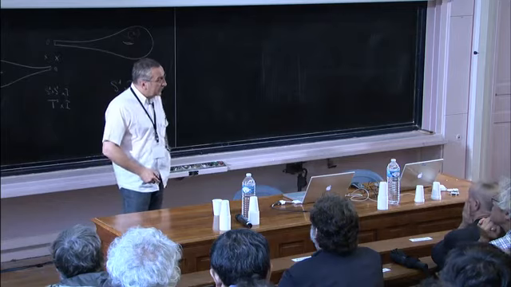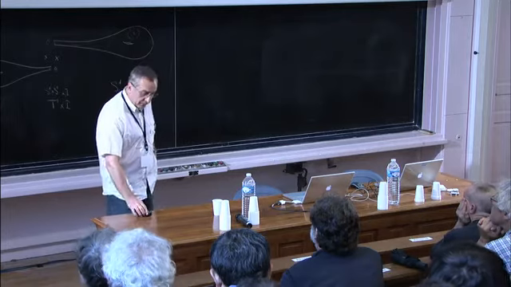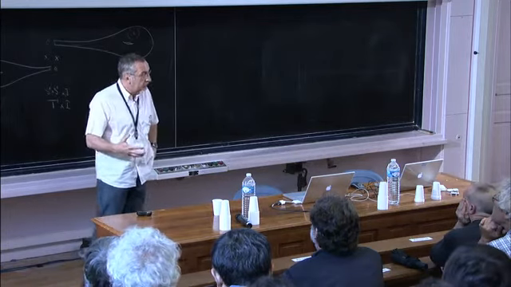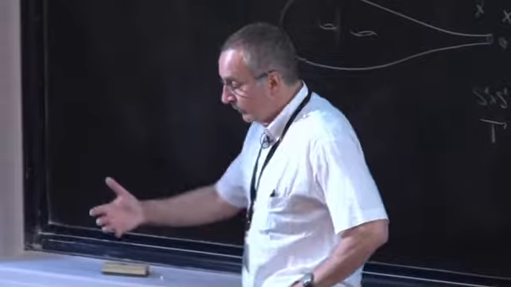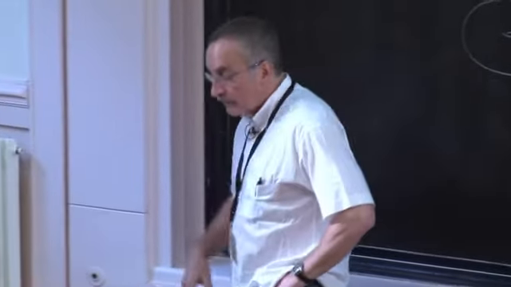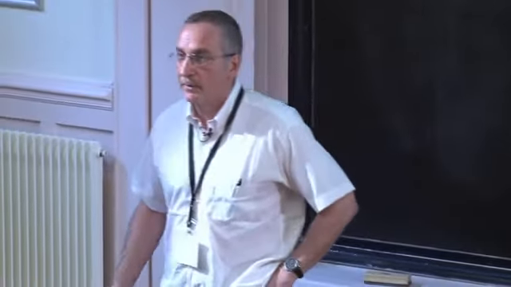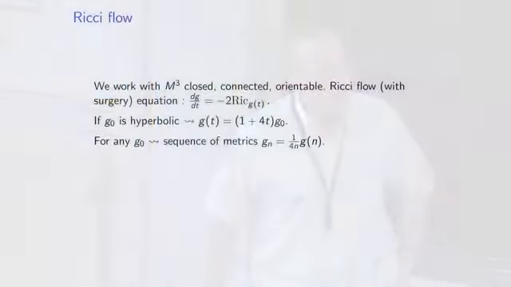So we'll start with one metric g0 and take a sequence of metrics produced by Perelman's version of Ricci flow, that is possibly with some surgeries, and that we rescale by 1 over 4t. For the sake of simplicity, I'll take a discrete version of time, so a sequence, which I call g_n.